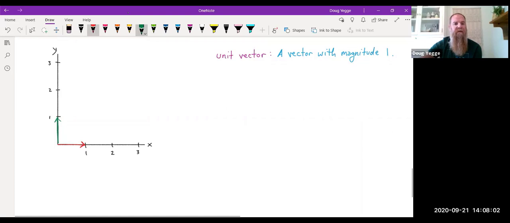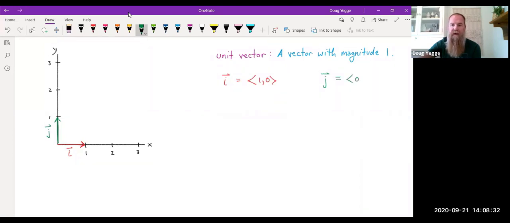These are given special names. The vector in the horizontal direction is referred to as vector i, and the vertical unit vector is referred to as vector j. So we should see the vector i is equal to the vector <1, 0>, and j is the vector <0, 1>.